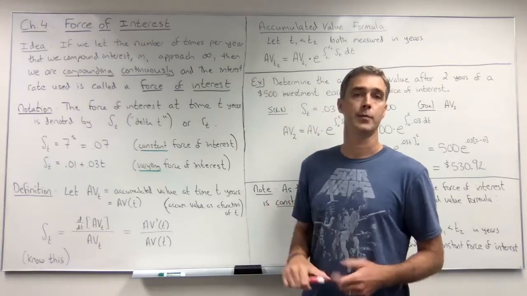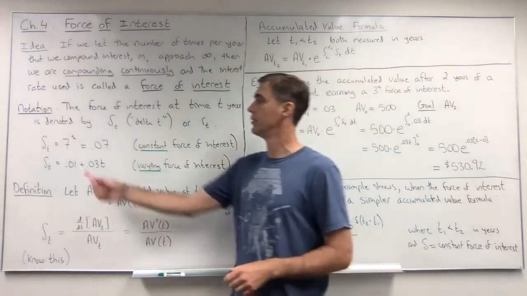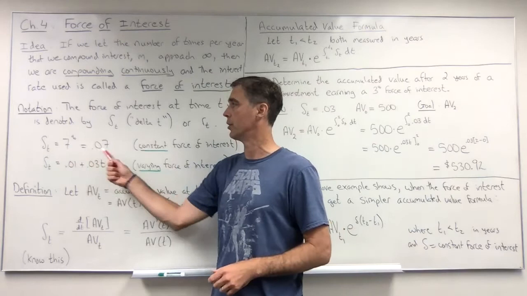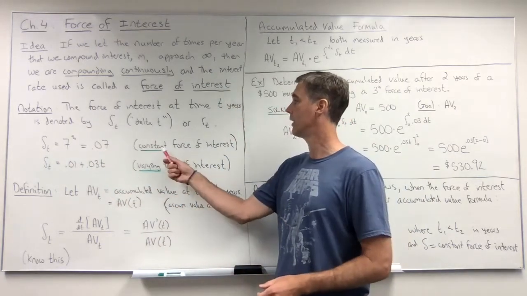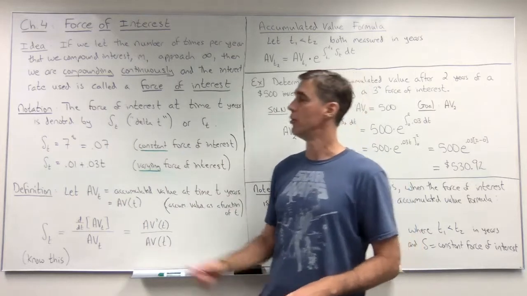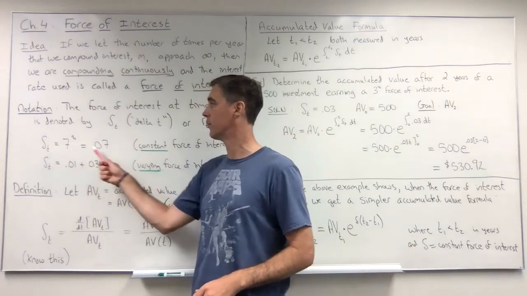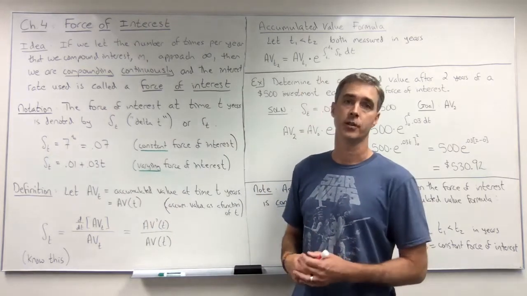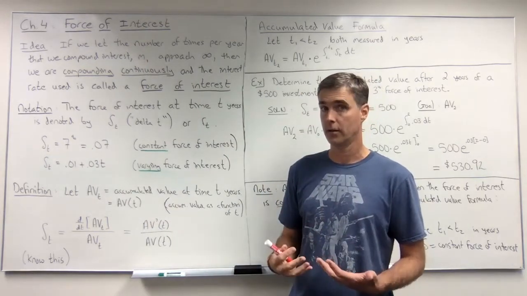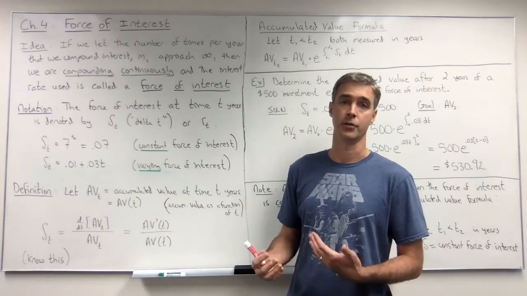So there's two types of forces of interest. You can have delta t equaling 7% or 0.07, like an actual numerical value. And that would be called a constant force of interest. No matter what the time value is, force of interest is 7%. Or with force of interest, we can allow for varying forces of interest at different times.